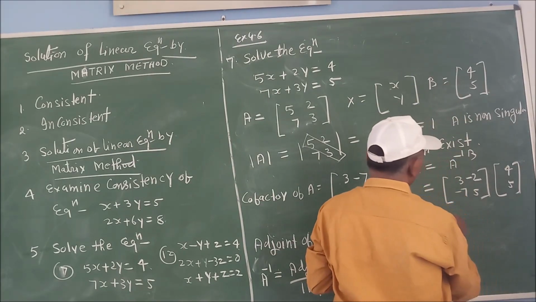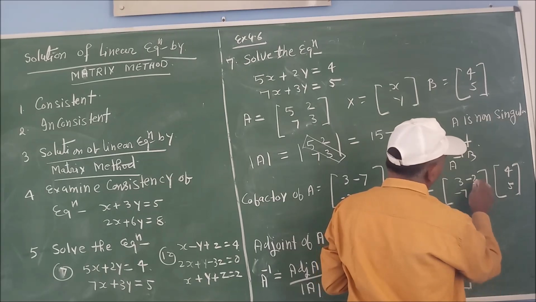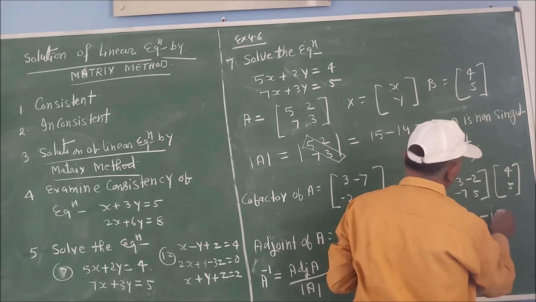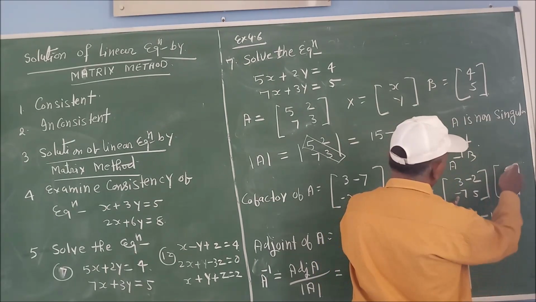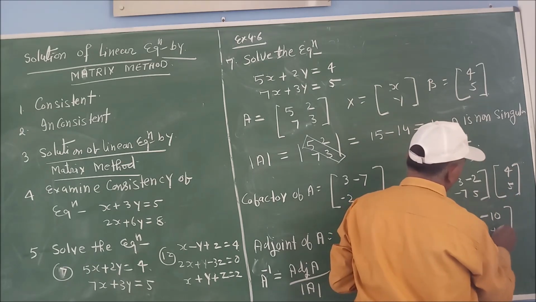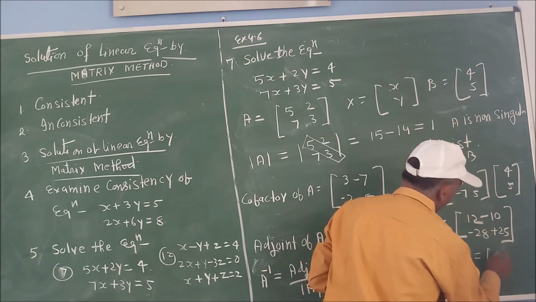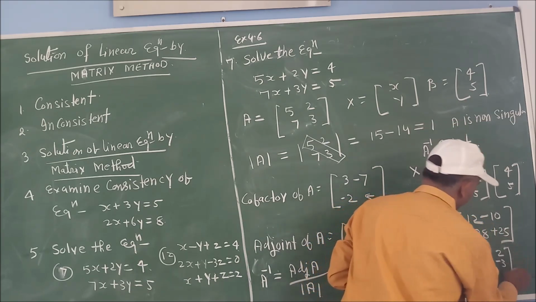So multiply these terms. 3 into 4, 12, minus 2 into 5, minus 10, and minus 7 into 4, minus 28, and 5 into 5, this will be 25. So your answer will be 2 and minus 3.